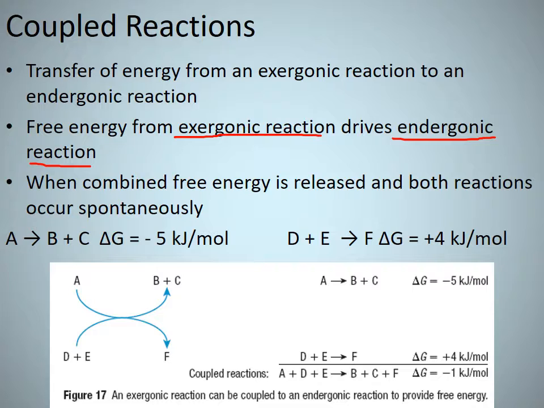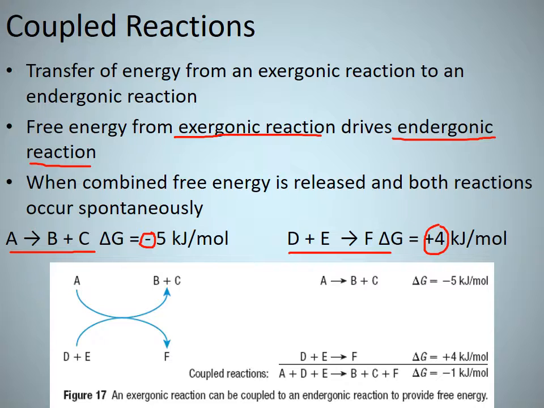Okay, so we have A gives you B plus C. This is our first chemical reaction. This is a spontaneous change because of the negative value there, delta G, so there's a release of free energy throughout this reaction. Again, D plus E gives you F. It requires 4 kilojoules per mole of energy in order for this reaction to occur.